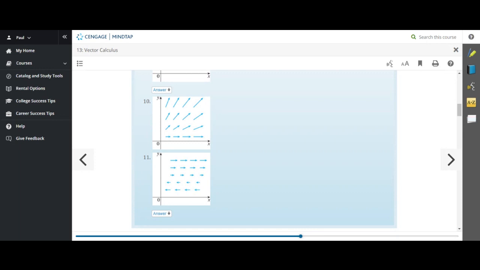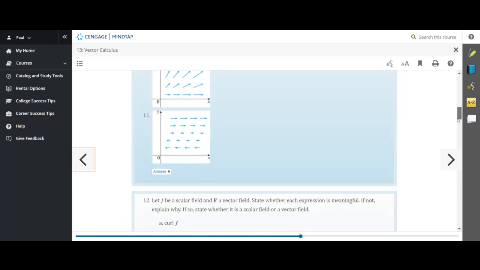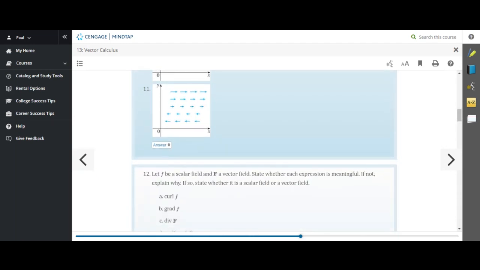But please let me know if you're uncomfortable. What I'm saying is if you put a rubber duck in the center of that field in number 11, there's number 11.